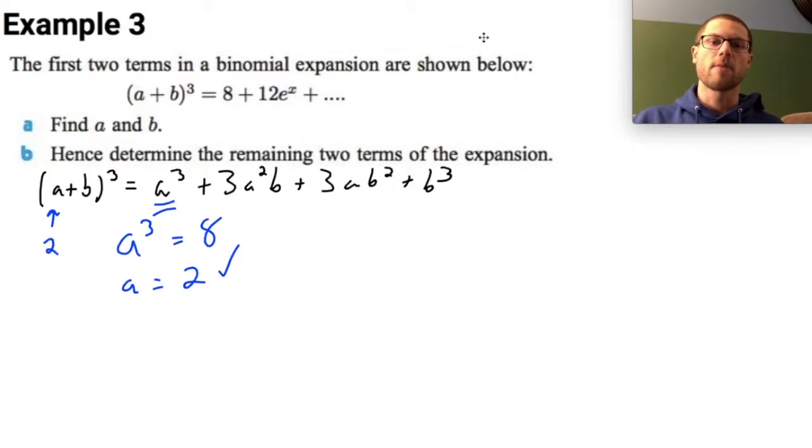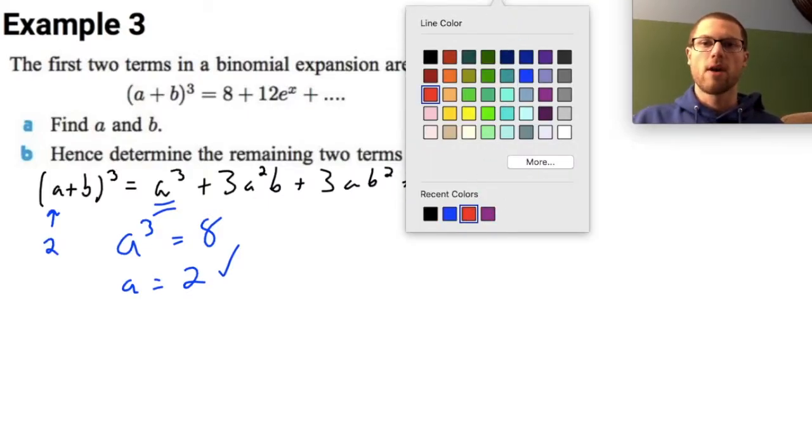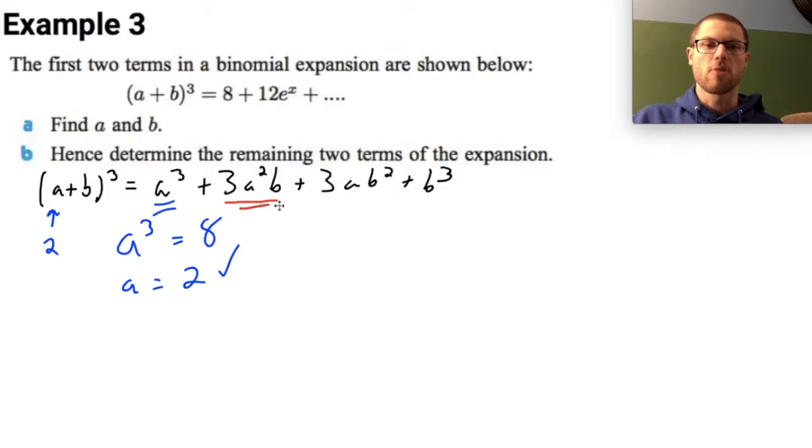Next up, we need to find that b value. To figure that out, I'm going to focus in on the second term of my binomial expansion and say that 3a squared b must equal 12 times e to the x.